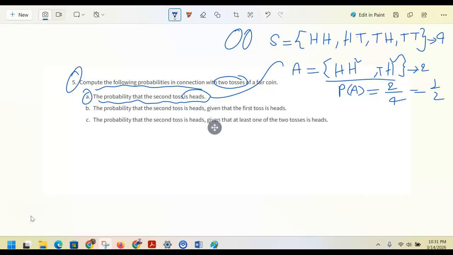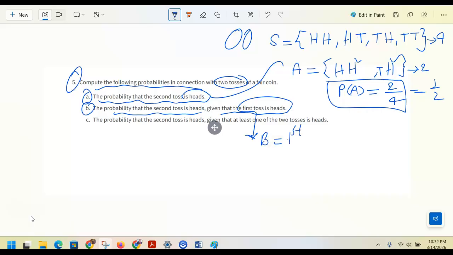The next one, which is important, is the probability that the second is head given that the first is already heads. Let's call B first head.